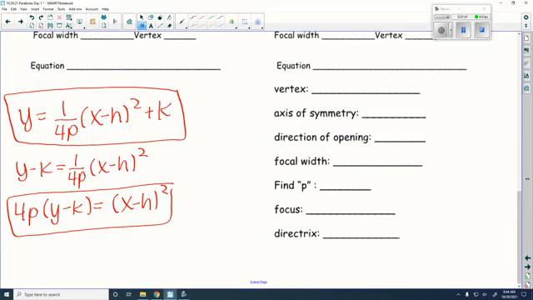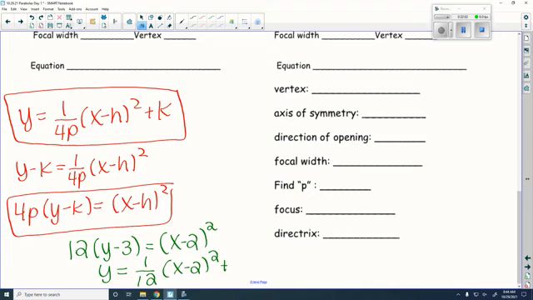It's very easy to rearrange. For example, if I'm given 12(y minus 3) equals (x minus 2) squared, all I have to do is divide by 12 and then move that 3, to get the more preferable type.